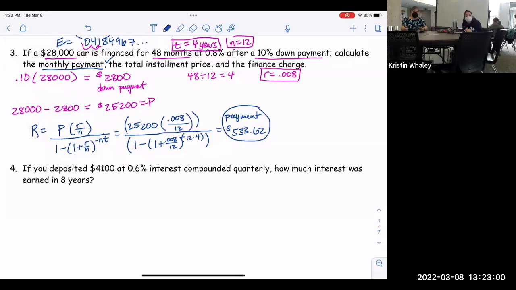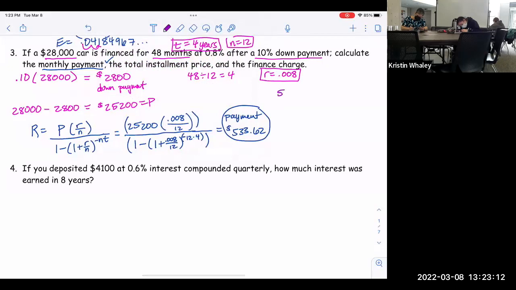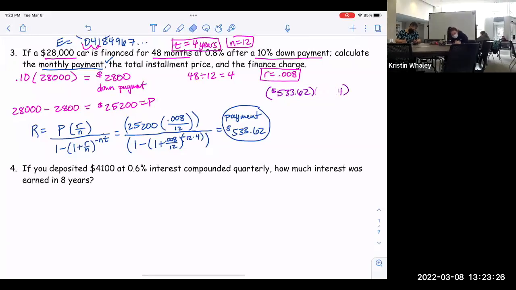The total of my payments: I'm making 48 payments, right? My monthly payment is $533.62. I'm doing that every month, 12 months per year, for 4 years. So times 12 times 4, or you could just say times 48, since that's 48 months that you're going to make payments for.